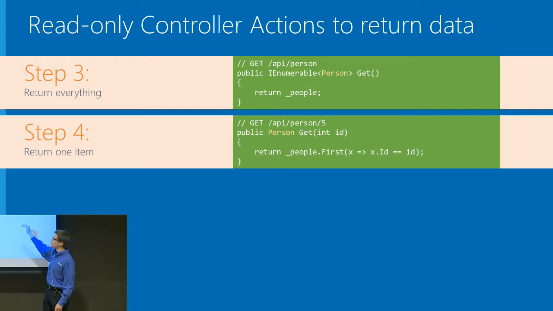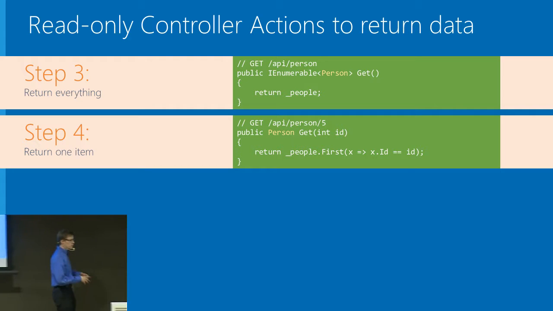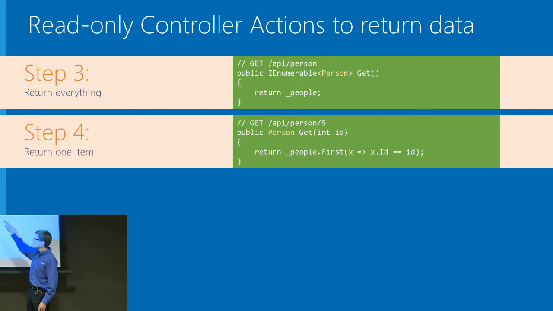So here are two examples. In step 3, I'm defining something that returns a list of something. It's IEnumerable, but that's more or less an array, a list, or a collection of something. Then I have a more specific version of that method, a public method that returns a person object.